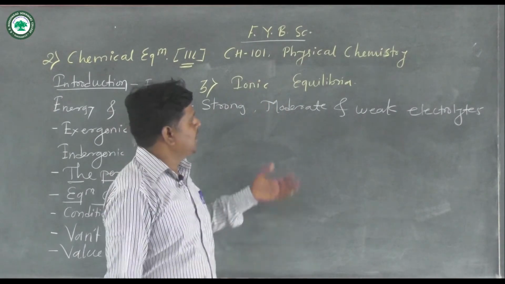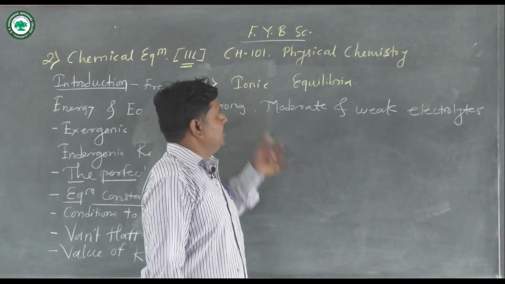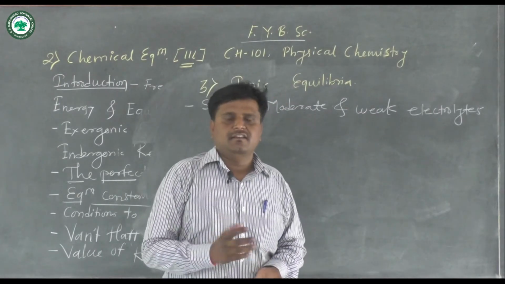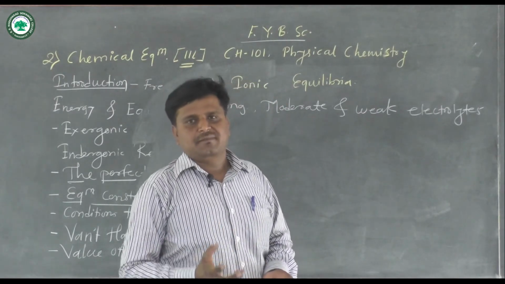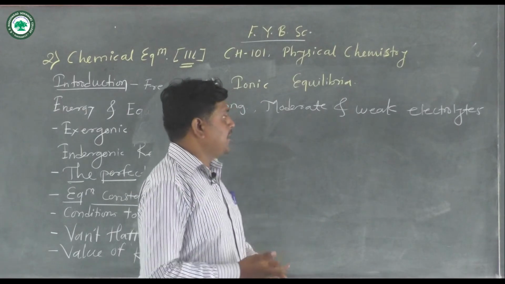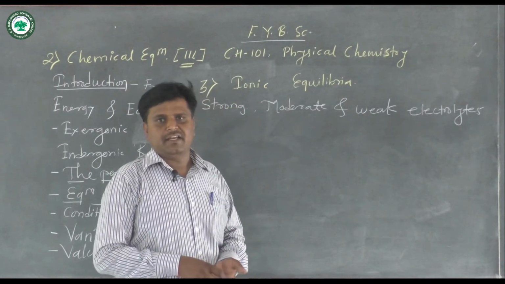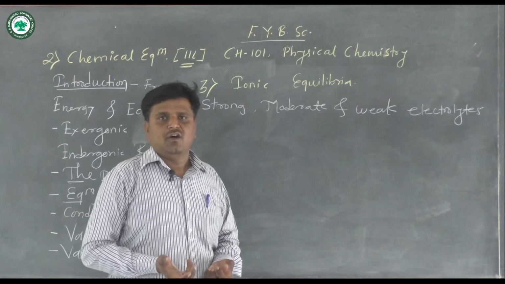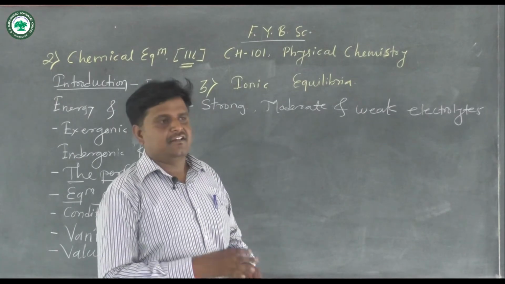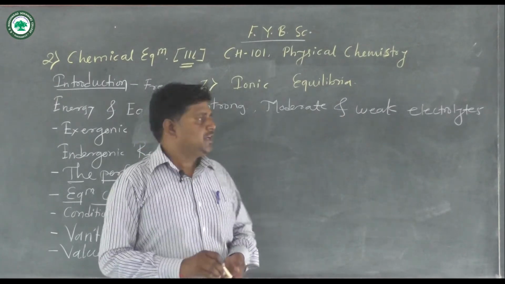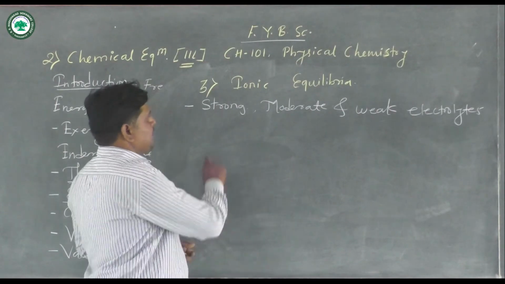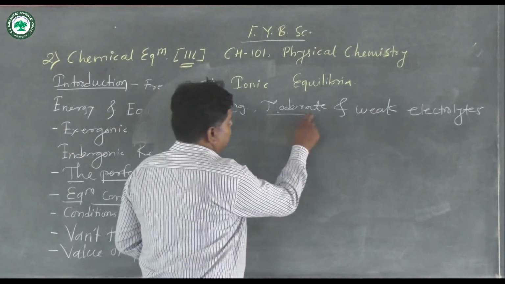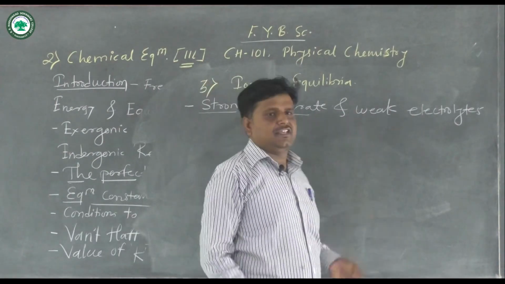So in this chapter we learn very simple concepts like ions, ionic equilibria, equilibrium between ions of different charges, either positive or negative charge. Here we write strong, moderate and weak electrolytes.